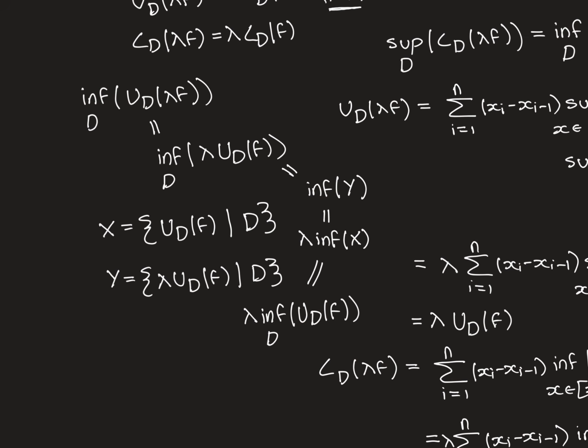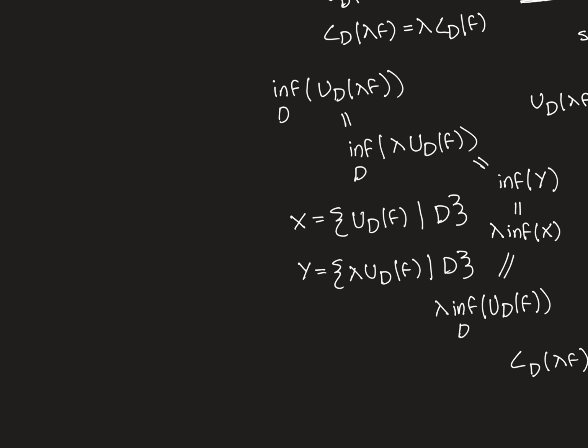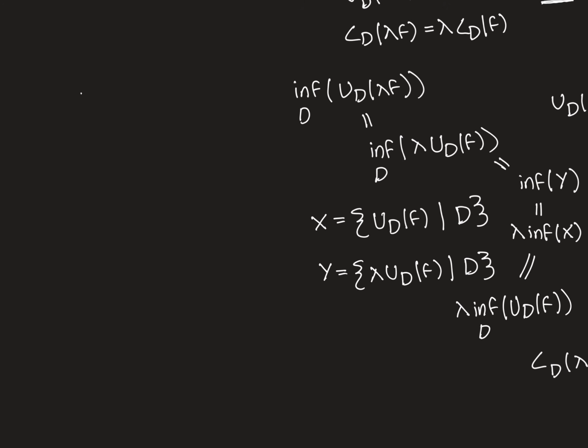Now let's do the same for the supremum of the lower Riemann sums. So if we think about the supremum over all dissections of the lower Riemann sums of lambda f, again we can instantly replace that with the supremum over all dissections of lambda times the lower Riemann sum of f.